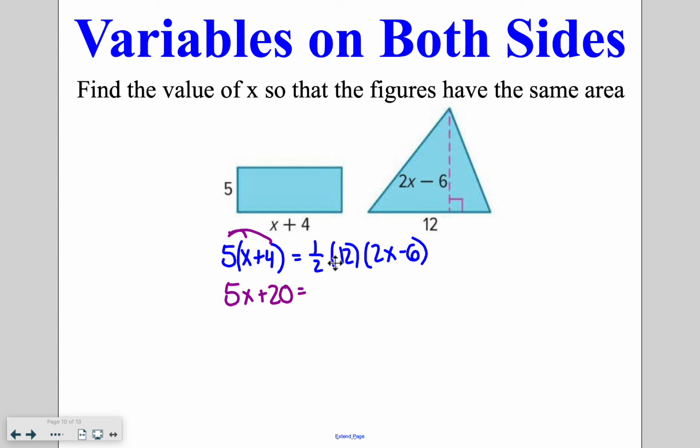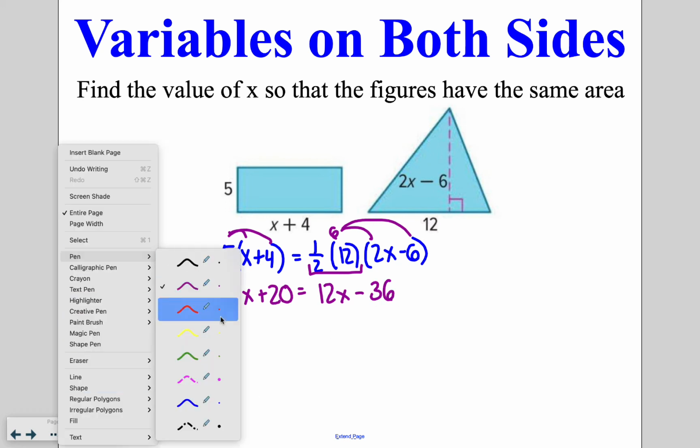On the right side, before I can do my distributive property, I need to do the multiplication outside those parentheses. So half of 12 is going to give me 6, and that's what I'm going to distribute to both of my pieces. So I get 6 times 2, which is 12x, minus 6 times 6, which is 36.